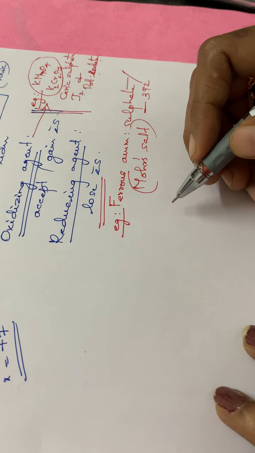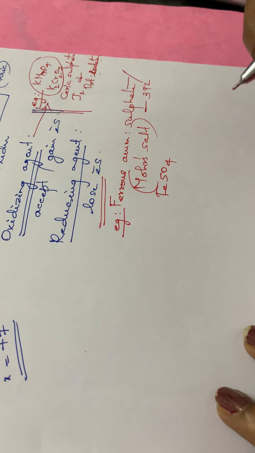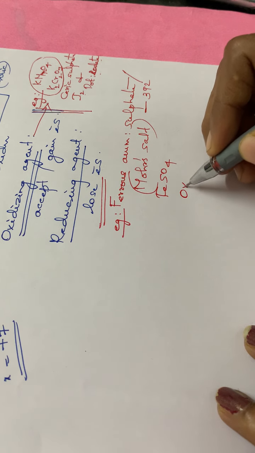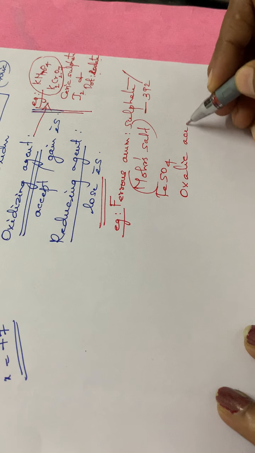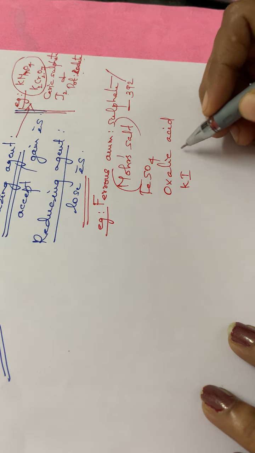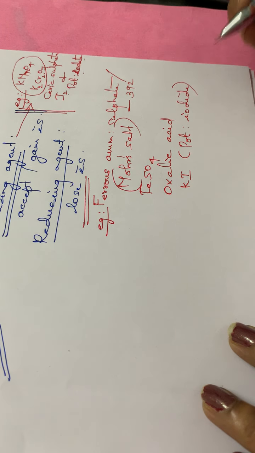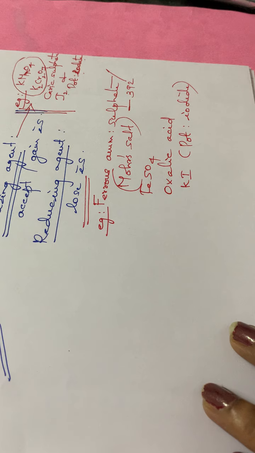Then another important reducing agent is ferrous sulfate, FeSO4. Then oxalic acid. Then potassium iodide, KI. So these are some of the most common reducing agents.